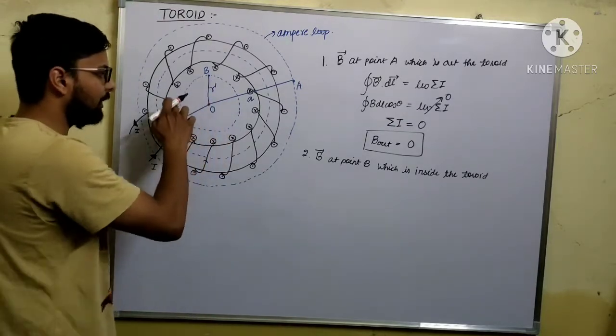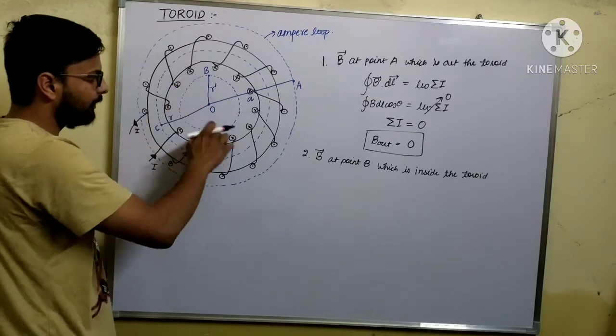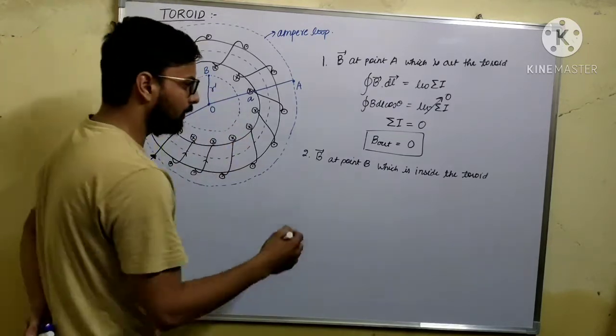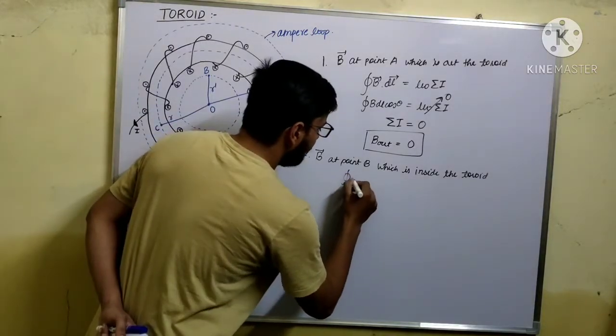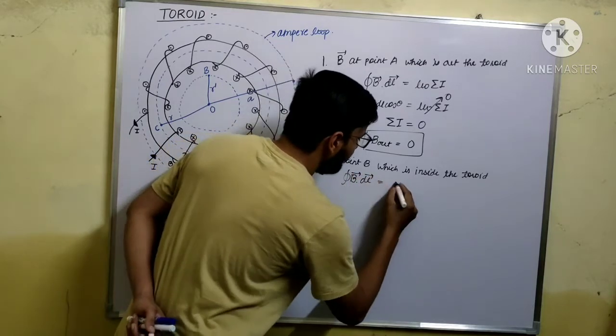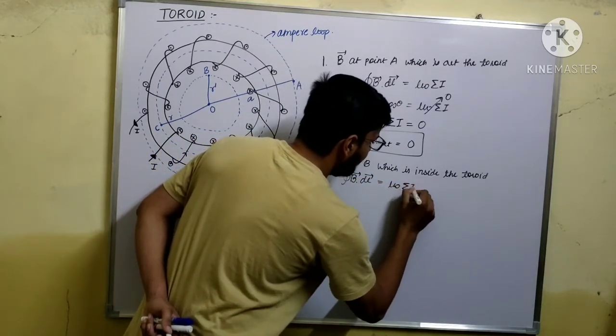So at this point B, we will draw an ampere loop, and we will apply what? Ampere circuital law. So applying Ampere circuital law, line integration of B dot dl is equal to mu naught times summation of current.